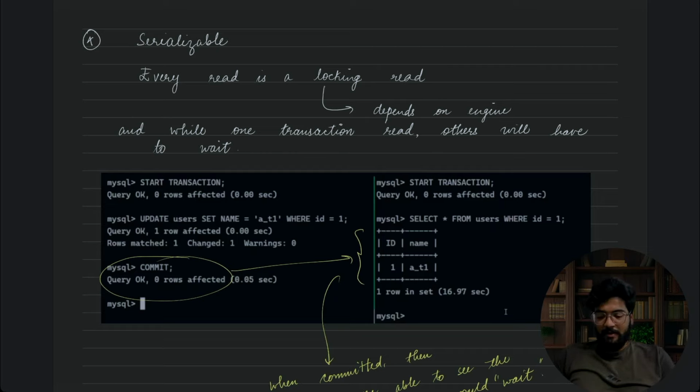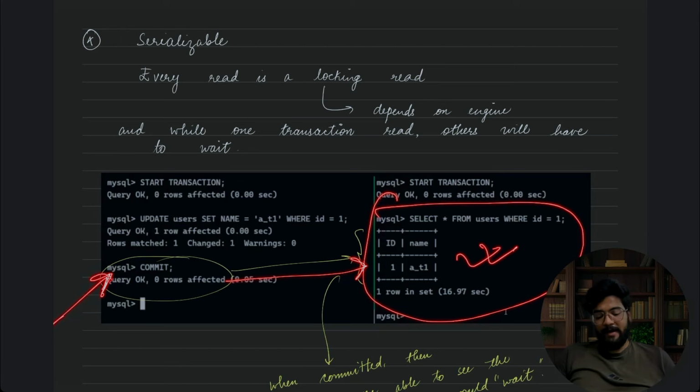Consider this MySQL example: I have a table and I have been querying it, and if I do the show table in my second transaction, it is going to wait until I commit in my first transaction. The moment I commit, it is executed and I will be able to see my data.